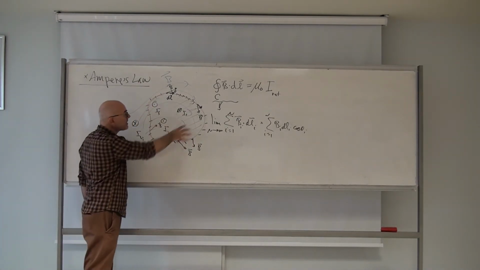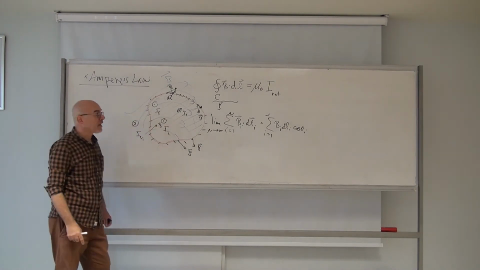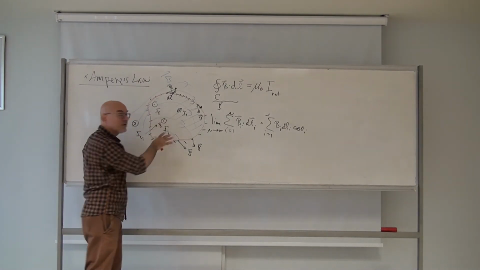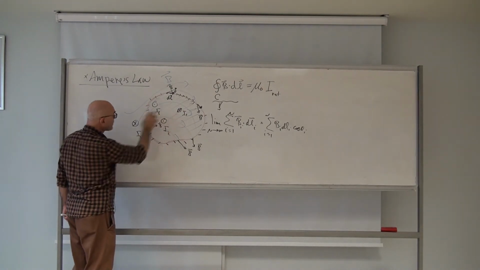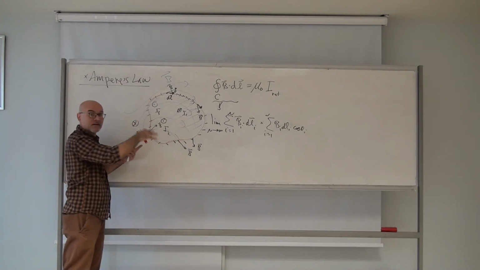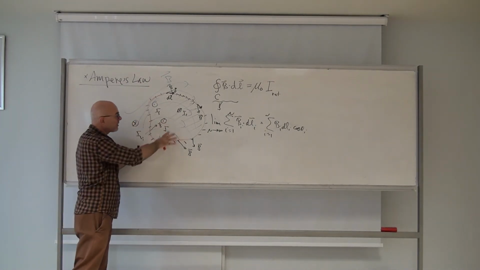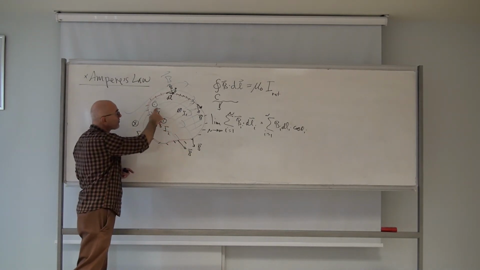So this is the sum of the currents that are piercing this area. This includes the sum of I1, I2, I3, but not I4, because I4 is outside this contour, this area, and therefore it doesn't count.